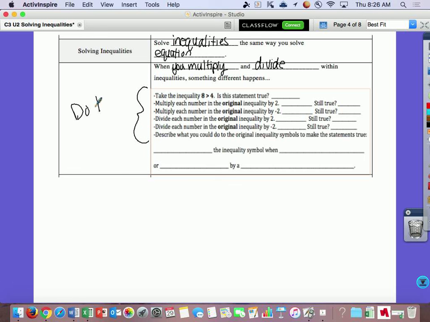So do this by yourself or with a partner. And then try to figure out what happens. Okay? Try to figure out what happens. And when you think you've figured out what happens, you're going to check with me. So right now you're going to pause the video and try to figure that out.